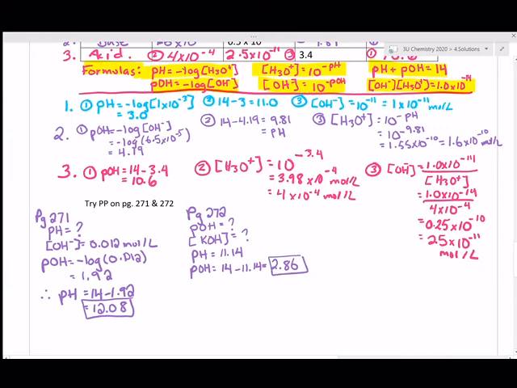So there's one question answered. That's pOH. Now, once we know the pOH, we can figure out the hydroxide concentration, which is not what the question's asking for, but it'll get us very close. And then we'll just have one extra little step.